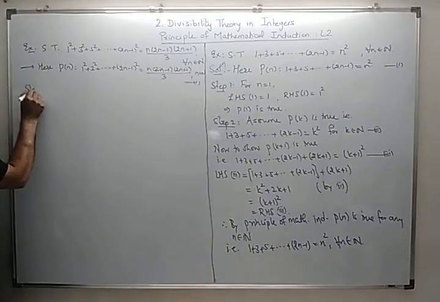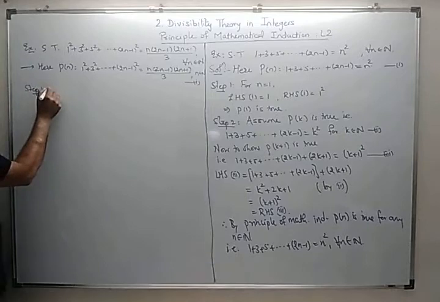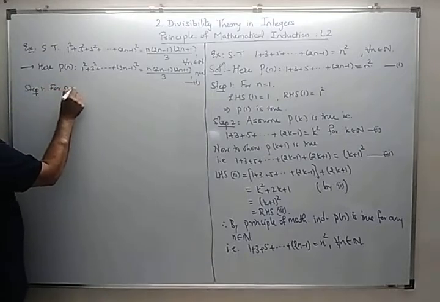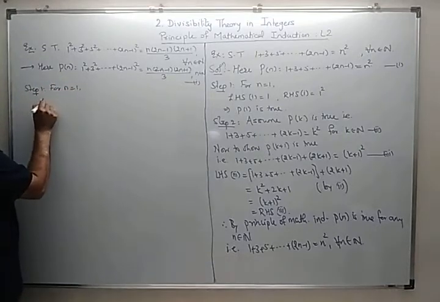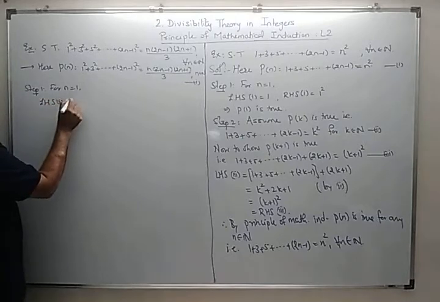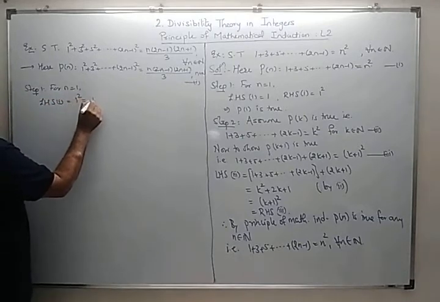Step 1. For n equal to 1, left hand side of 1 is 1 square, which is 1.